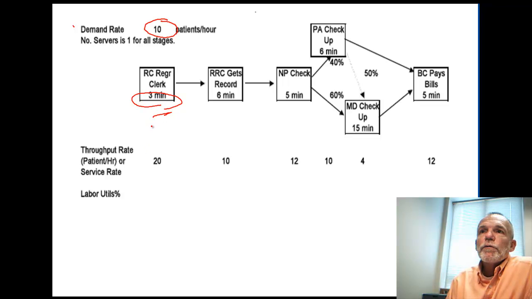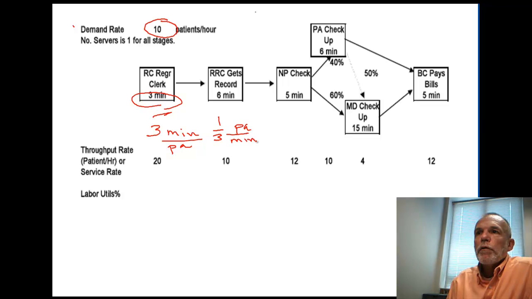So if it takes 3 minutes per patient, the inverse of that is 1/3 patient per minute. That would be the rate at which this clerk processes patients through that step.